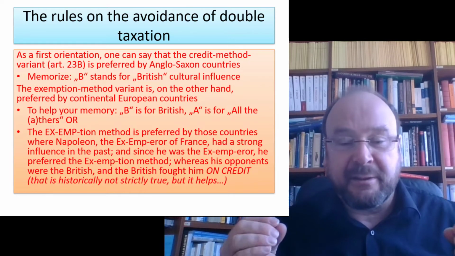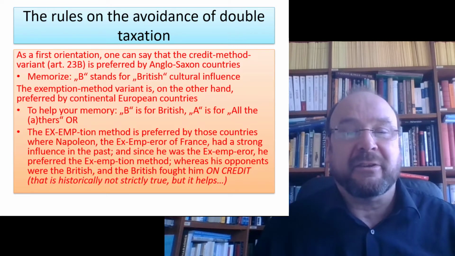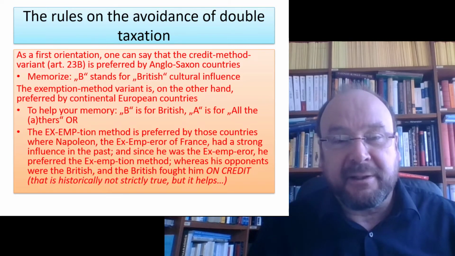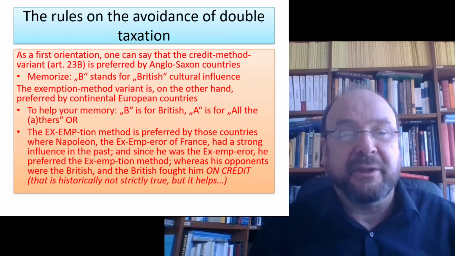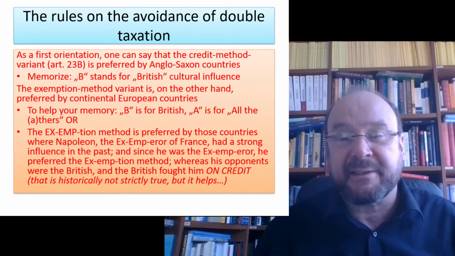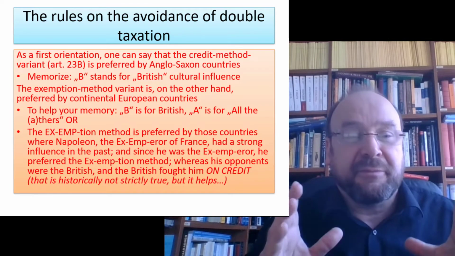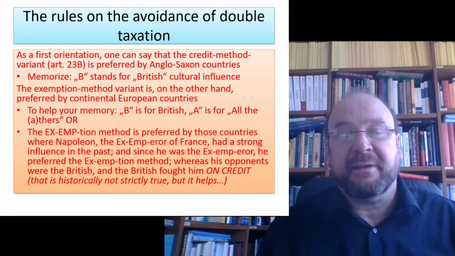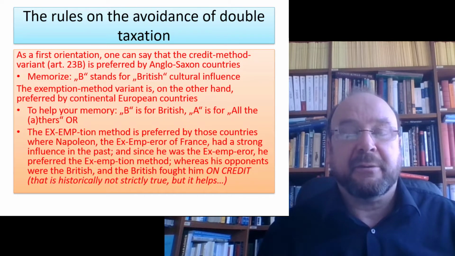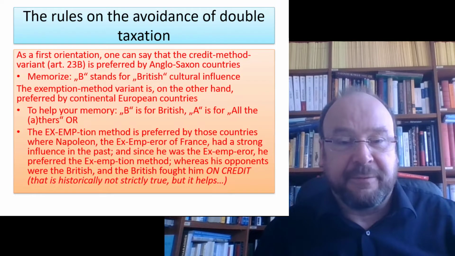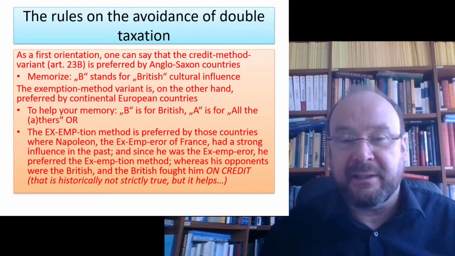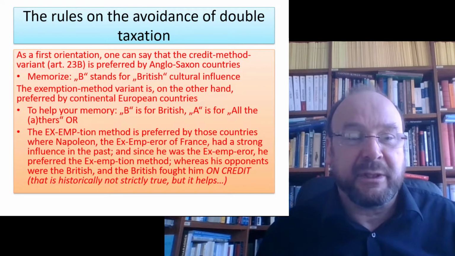So you can memorize which solution you can expect, probably from which country. By the way, that the British fought Napoleon on credit, that's historically not fully true. They also invented the income tax in that context. But the thing is, we just wanted to have help for our memories, that we could find an idea where we could expect the exemption method and where the credit method.